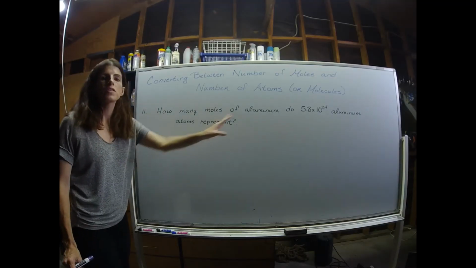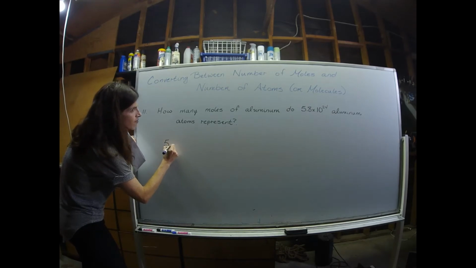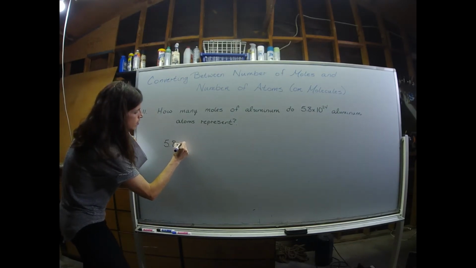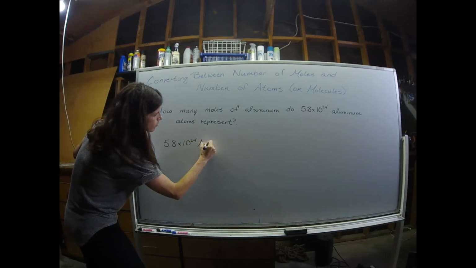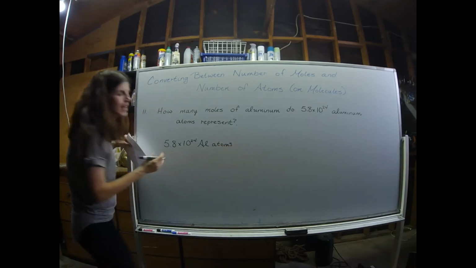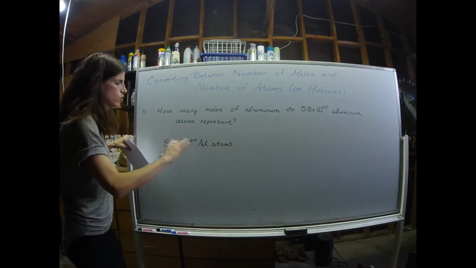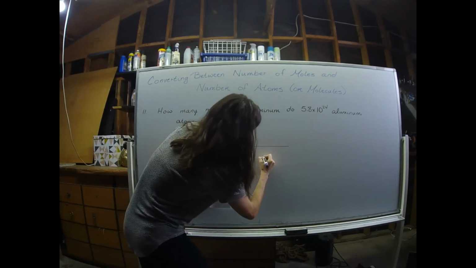I'm going to start with the standalone number that they gave us, 5.8 times 10 to the 24th aluminum atoms. I need to get rid of aluminum atoms, so I'm going to put that in the denominator of my conversion factor.